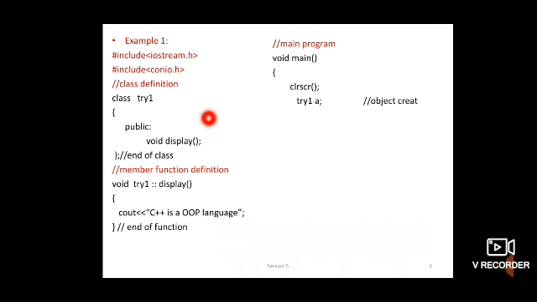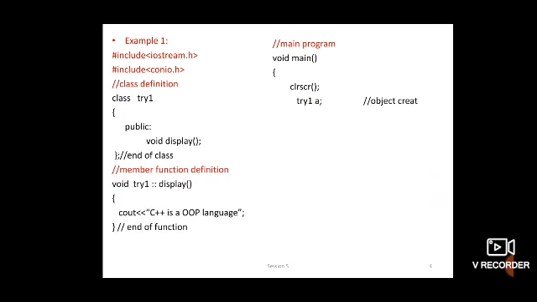Display. Now how do we access or invoke this member function? Through an object. So first create an object. Of which class? Try1. What is the syntax to declare an object? Class name, space, object name. Here the class name is try1. Give any name for the object. So here A. A is the object, try1 is the class.